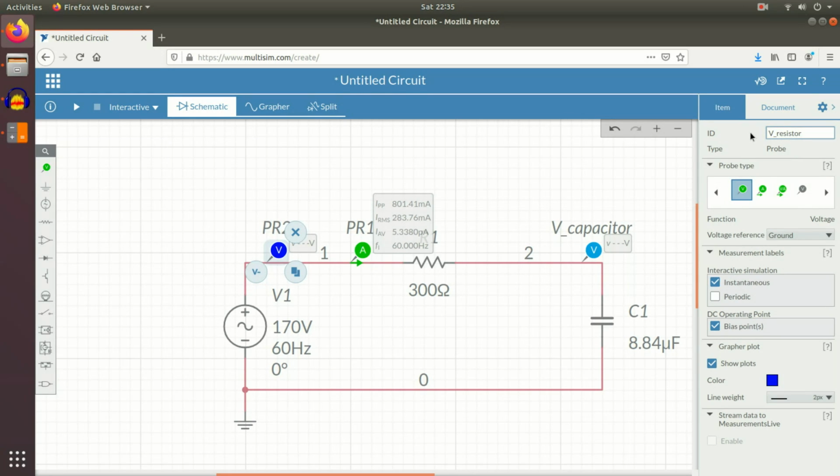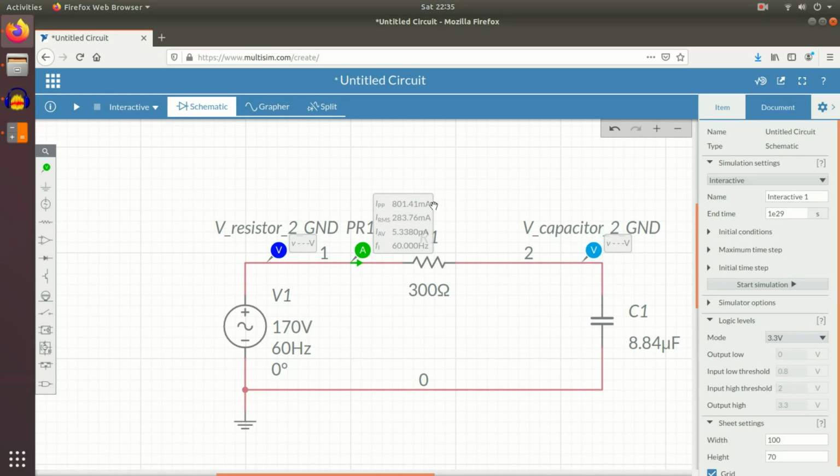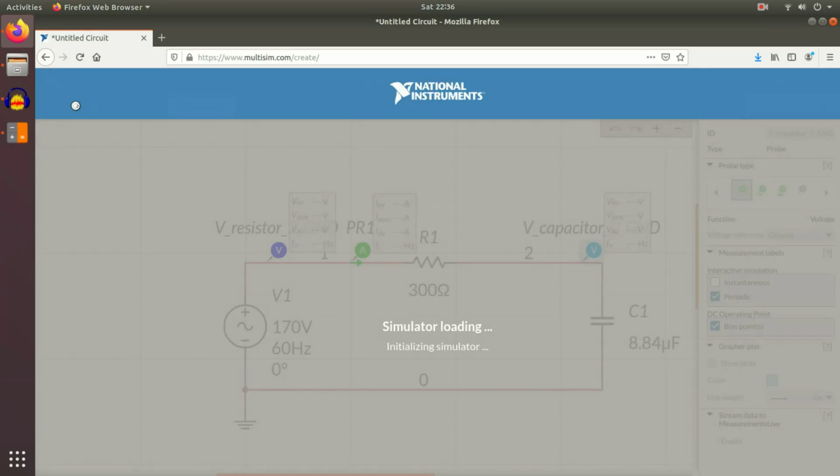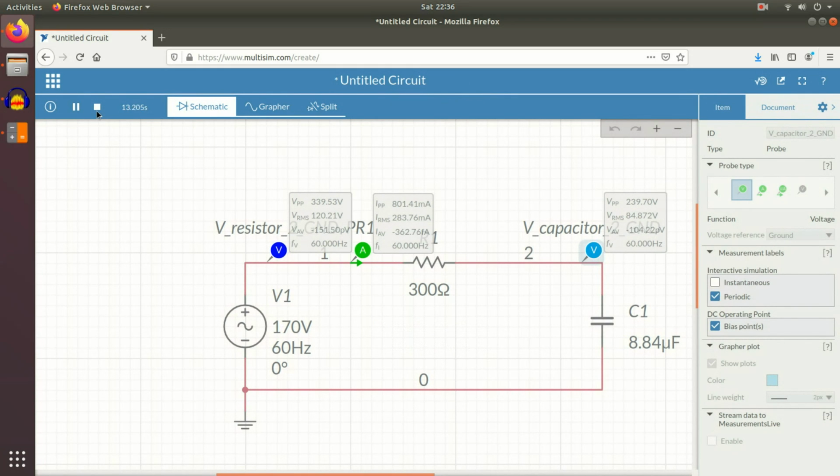It's really not voltage resistor. It's actually voltage resistor relative to ground. If we want to be fussy, we should go back and name our capacitor voltage capacitor with respect to ground. And if we run the simulation, oh, don't forget to put it back to periodic. All right, when we run the simulation, we should see 120 volts on node 1, and there's our 85 volts on node 2.